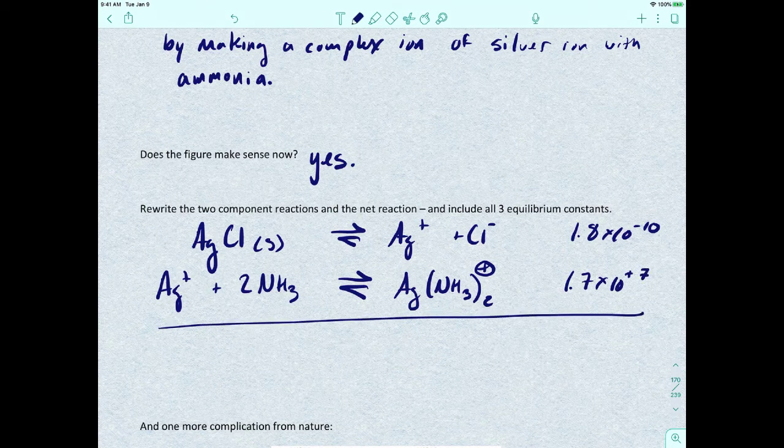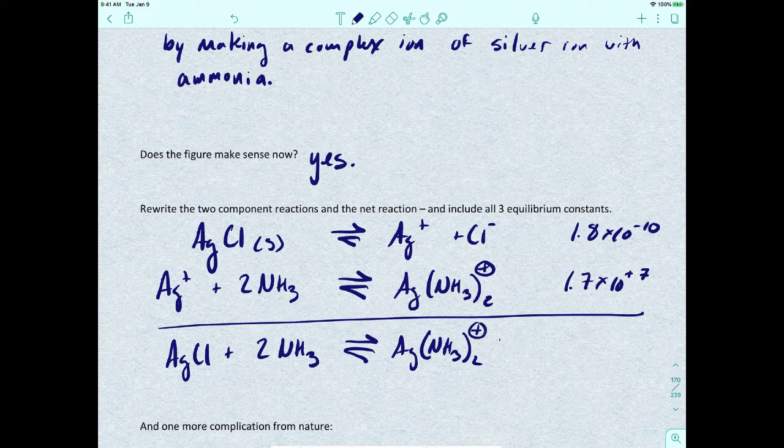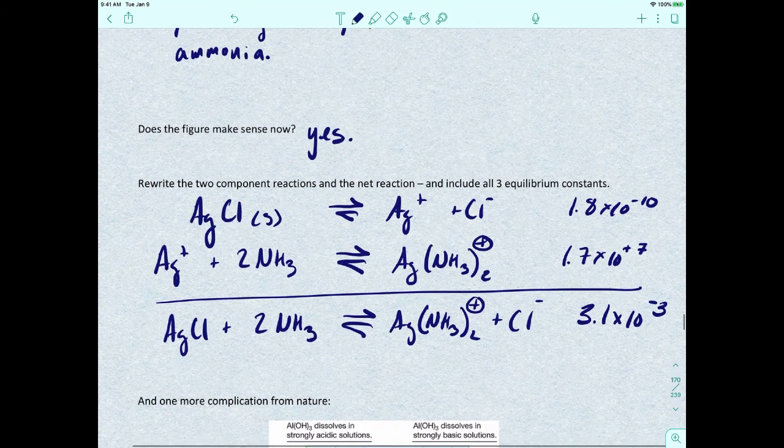If we add these two up, you get AgCl plus 2 NH3 forming Ag(NH3)2 plus and Cl minus. And adding all these up, if we multiply the two constants together, that should give us 3.1 times 10 to the minus 3. All right, so there it is.